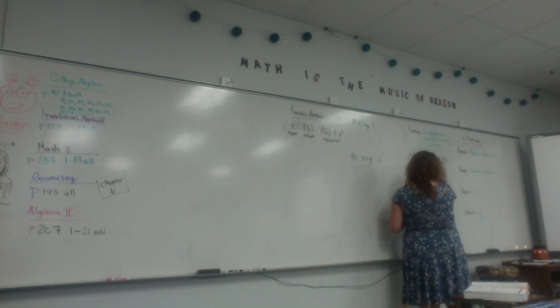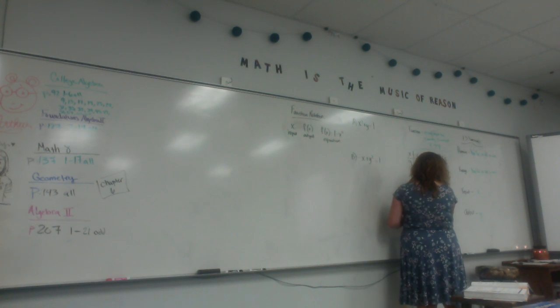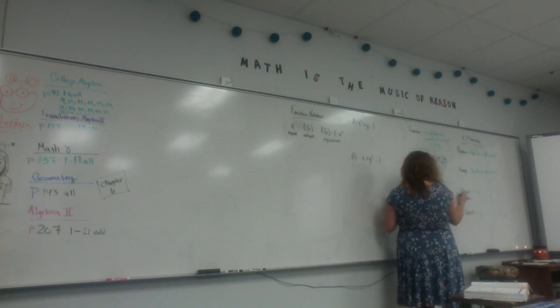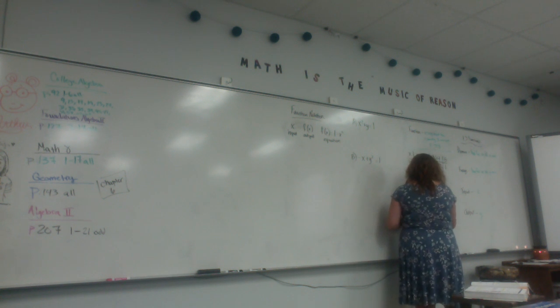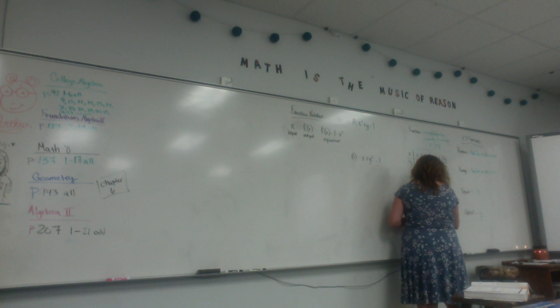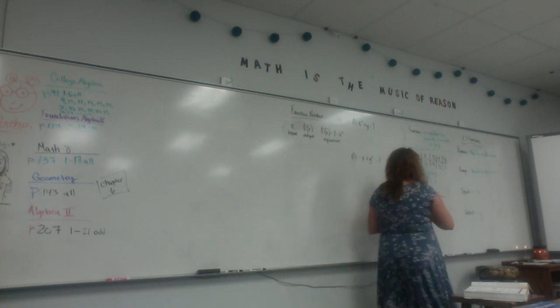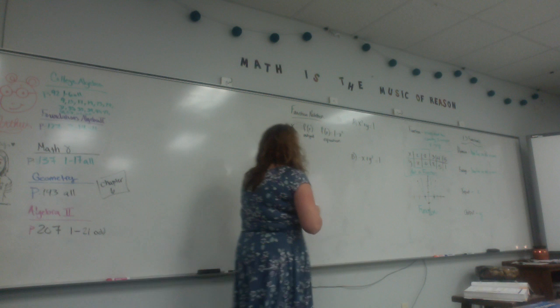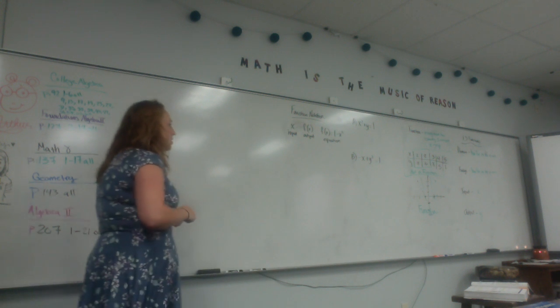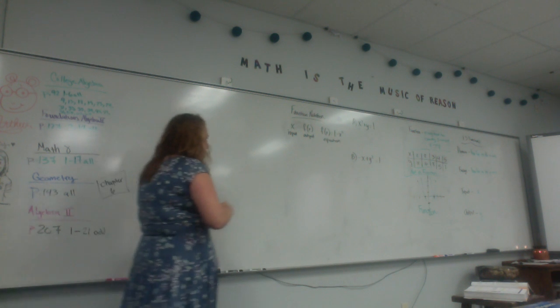But I can also do the vertical line test. If I connected this to make a parabola and did the vertical line test, it's only going to go through there once. So yes, it's a function. You're going to have to be able to tell from graphs and from charts if something is a function or not.